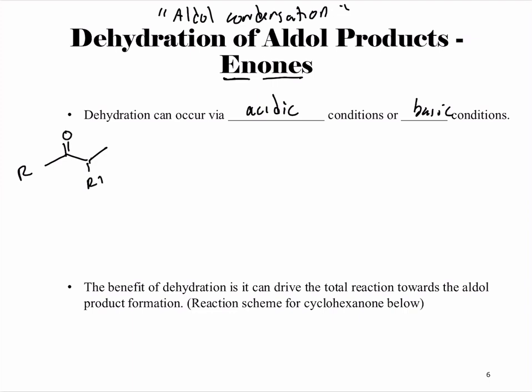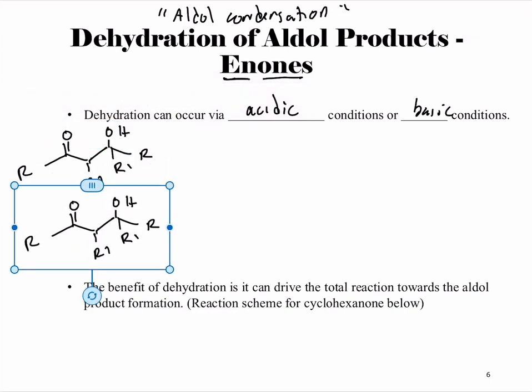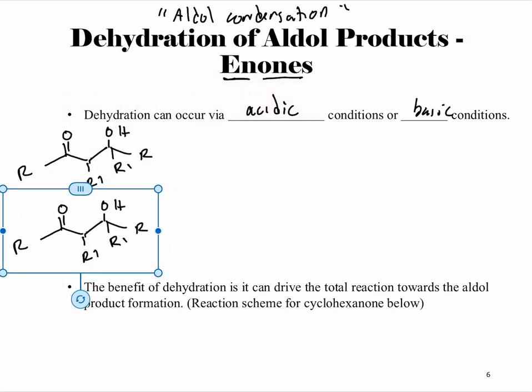This is going to be R prime down here, and then you have the OH. If this is disubstituted right here, we'll have two different reactions for how this can proceed. So I'm going to duplicate this, put one down here. One's going to be acidic, and one's going to be in basic conditions.